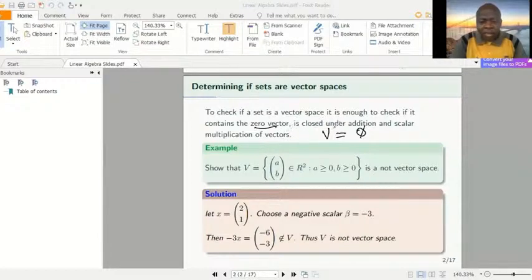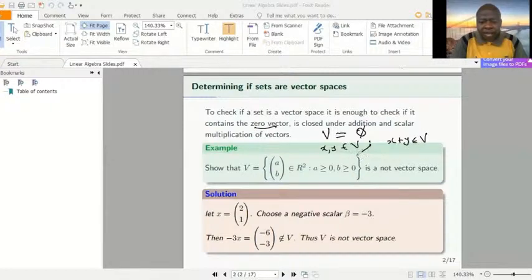Then the second thing we'll be checking is the closure property under addition. That if I was to pick any two elements, X and Y from V, then the sum of these two must be in V. So I'll also be checking that to see that it is fulfilled.